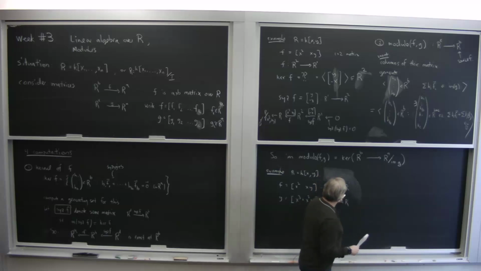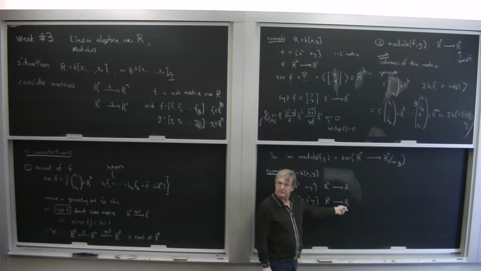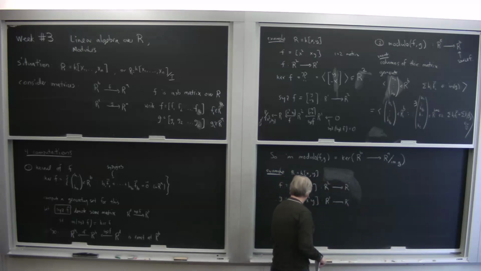Remember, you have to have two maps that go to the same thing, basically. Now I can do modulo in both directions. So what is F modulo G? And what is G modulo F?